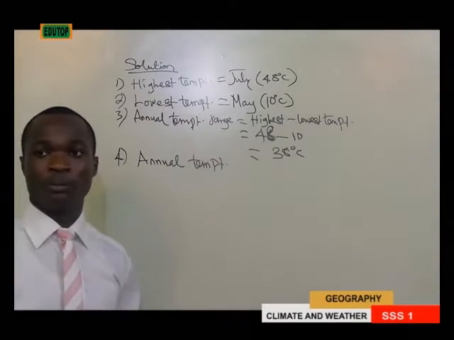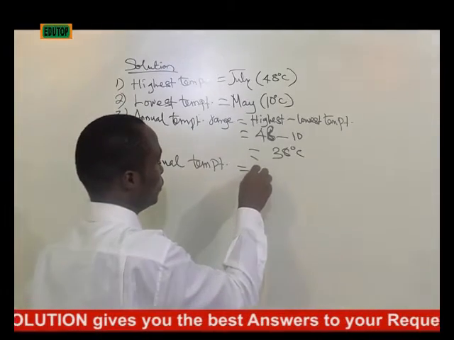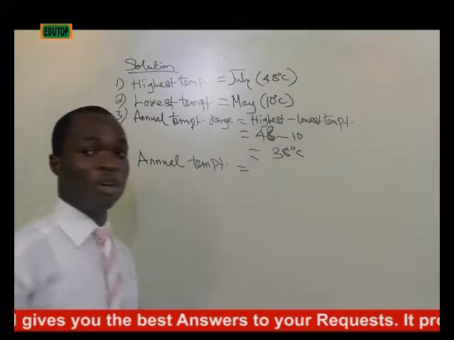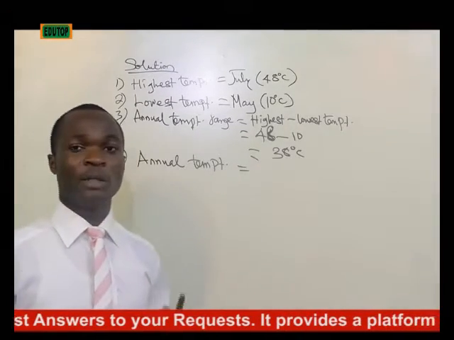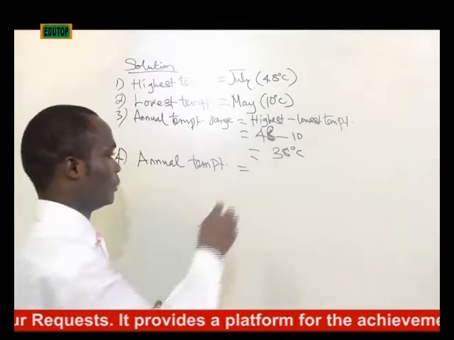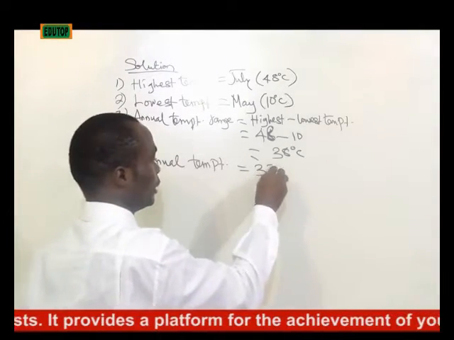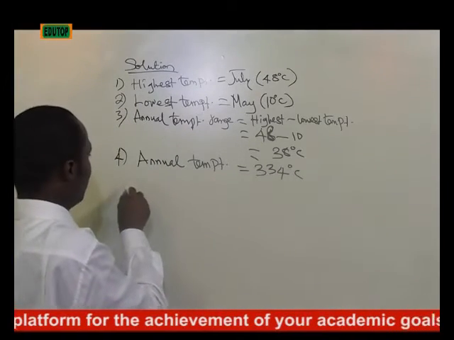Annual temperature equals to 334 degrees Celsius. That's the total temperature from January to December.